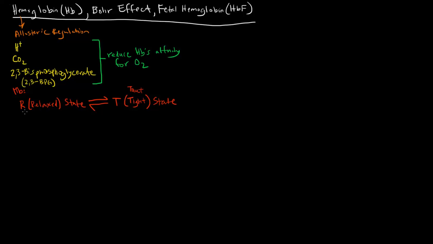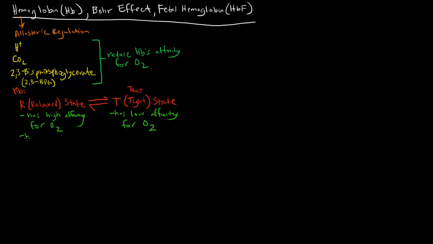What do you need to know about these two states? Essentially, the R state has a high affinity for oxygen. It binds oxygen tightly. The T state has a low affinity for oxygen, so it actually releases oxygen.